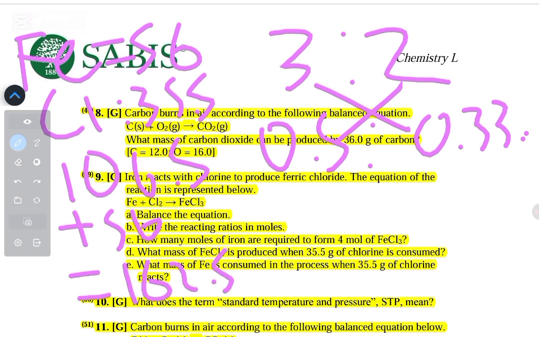You multiply 0.3333 by 162.5, which will give you 54.166. Let's do 0.3 times 162.5.